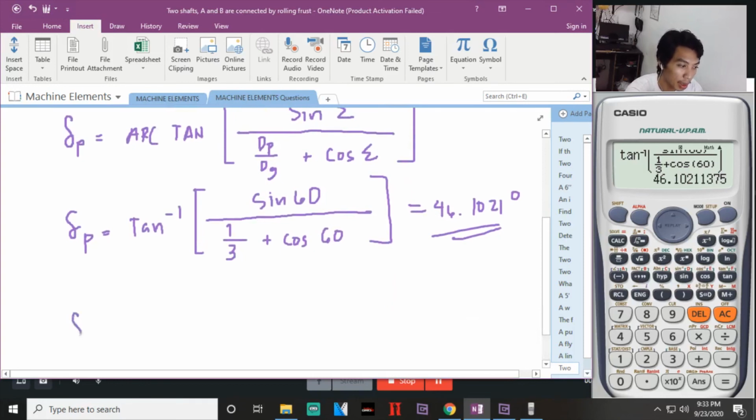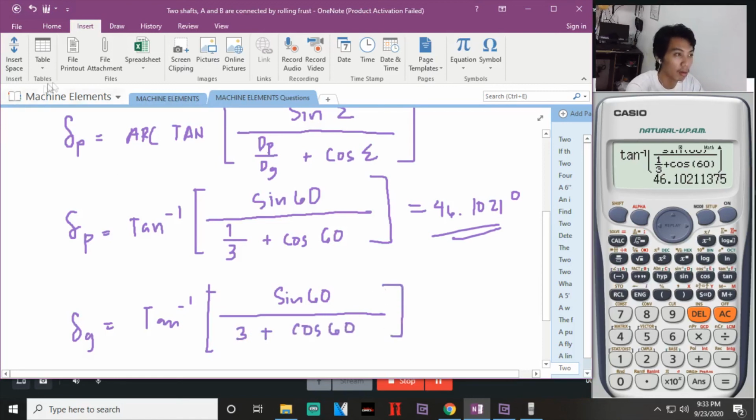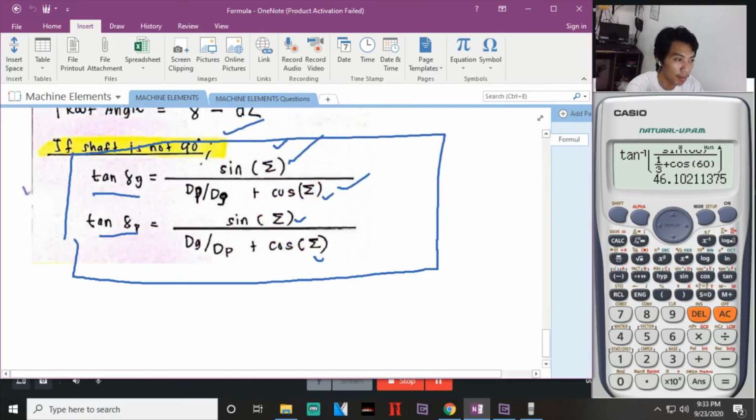Paano naman, sir, kung hinahanap yung sa gear? Try naman natin yung sa gear. Tangent raised to negative 1, pareho pa rin, hindi naman nagbabago yung shaft angle. Sine 60 tapos 3, plus cosine 60. Same lang, babaguhin mo lang parati yung SR, depende sa orientation.